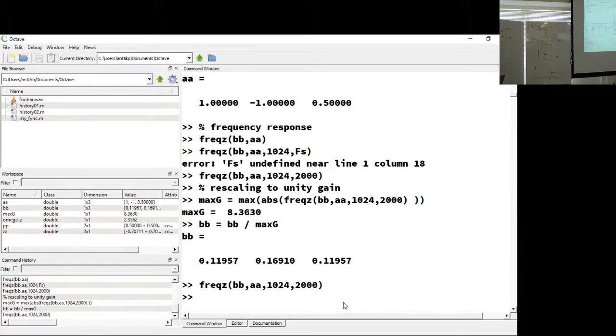So basically, the next step would be calculating the group delay. Maybe the same parameters as for the frequency response. We'll see.